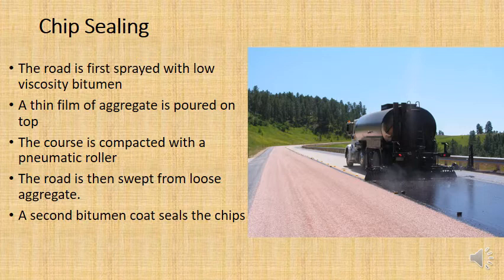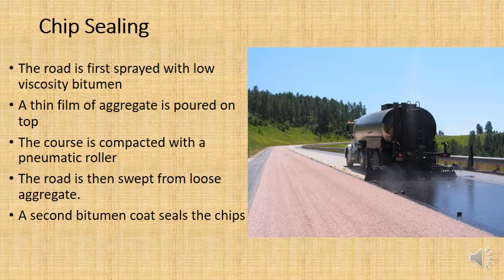Now once you've got a film of bitumen on the road, a big sticky film, you will then pour a very thin film of aggregate on top of the bitumen. And then you would use a pneumatic roller, so that's a roller with rubber tires that will roll over the aggregate and push it into the bitumen.